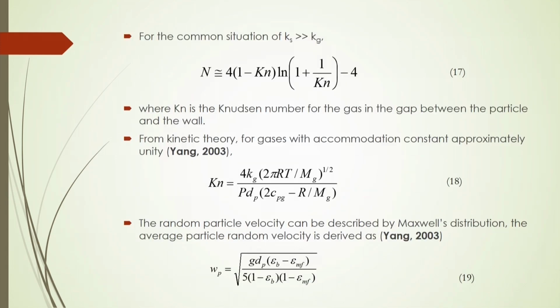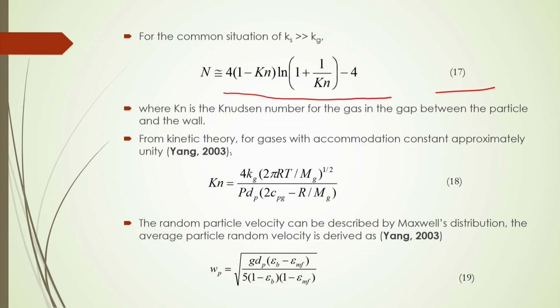For the common situation where the thermal conductivity of the solid is greater than the thermal conductivity of the gas, this Nusselt number can be related to the Knudsen number for the gas in the gap between the particles and the wall, which is denoted by this equation number 17 here.